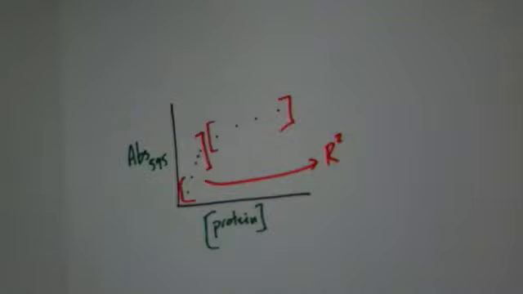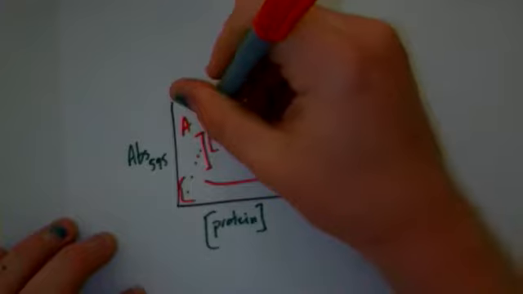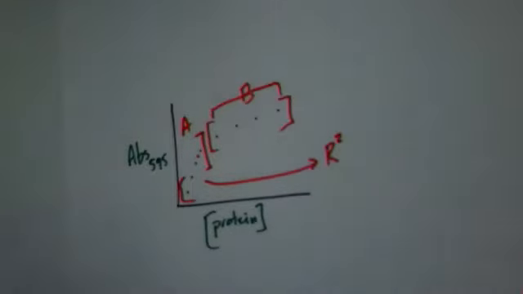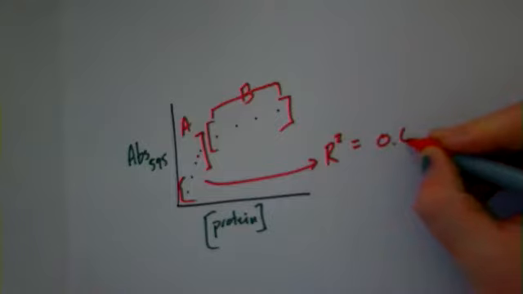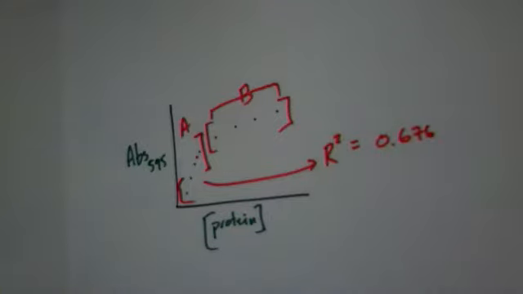This one, I'm going to label it A, and this data set is B. Is everyone good with those labels? So you might say, well, when I look at values for my A linear range, I get an R squared value of, let's go really dramatic, 0.676.